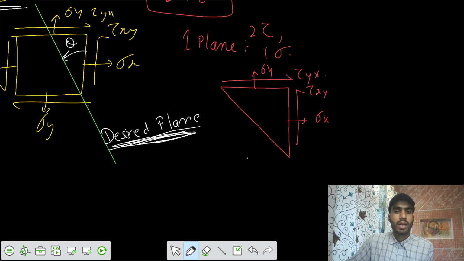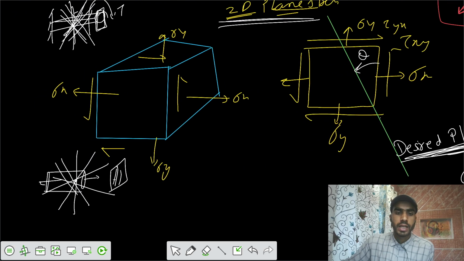Now on this particular plane there would be some stress acting. If I cut it in 3D also, I can show it. So this was your 3D. If I cut a section in this fashion, it would be somewhat this way.